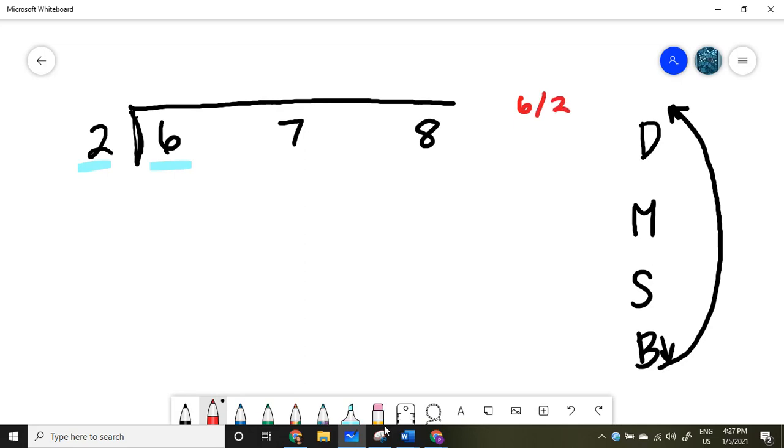I can draw 6 dots and split them up into groups of 2, or I can skip count. 6 divided by 2. What's my answer? 2, 4, 6. I stop because I hit 6. I was able to skip count 3 times. So my answer is 3.